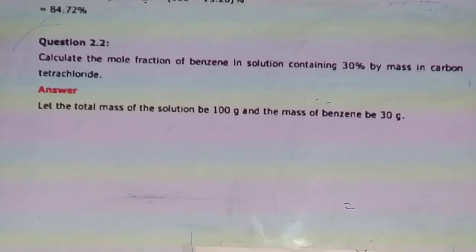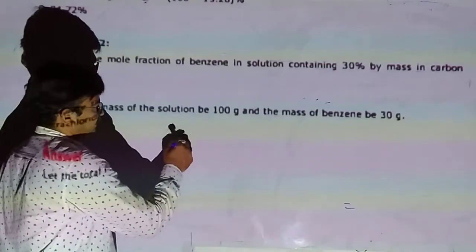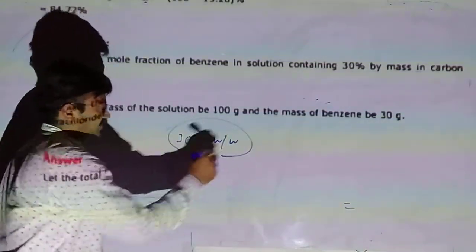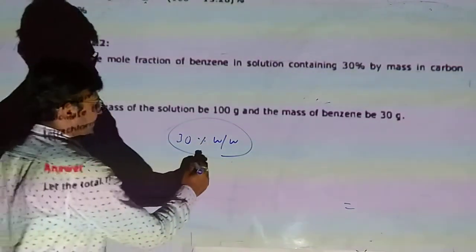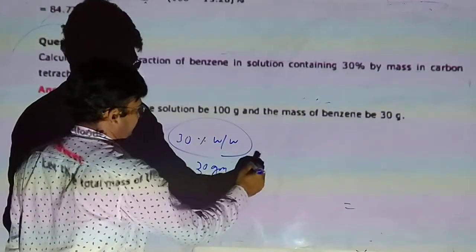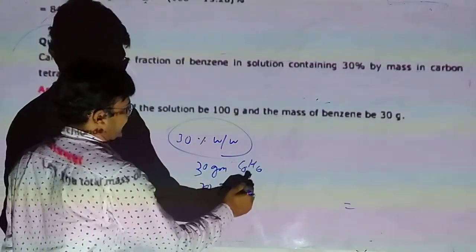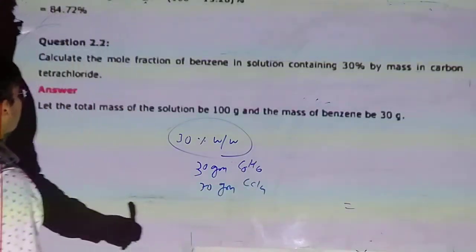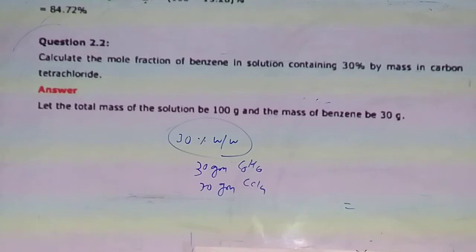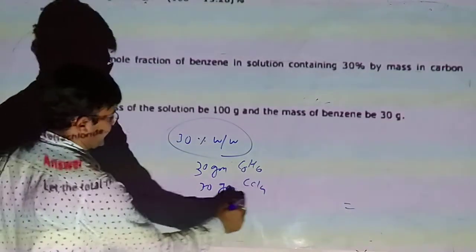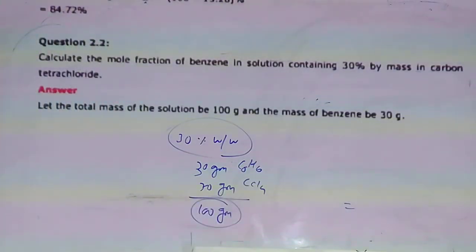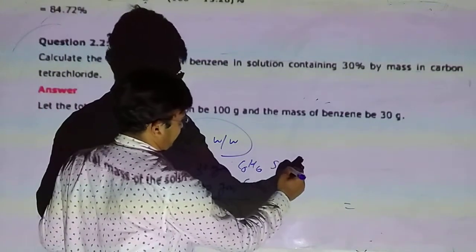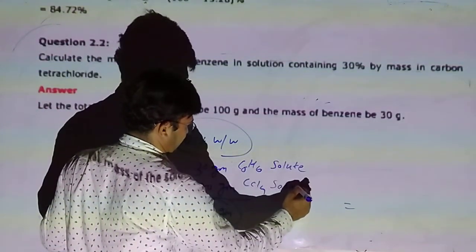Now 30% weight by weight solution means 30 gram of benzene and 70 gram of CCl4. It is clear. The total mass will be 100. Out of 100, 30 gram is benzene, which is solute, and 70 gram is our solvent.